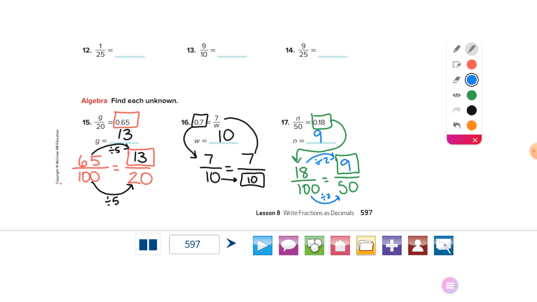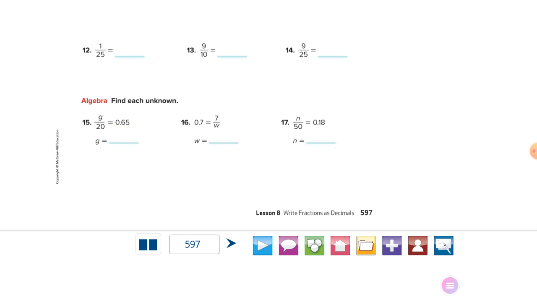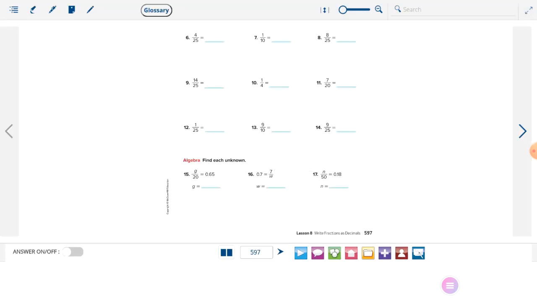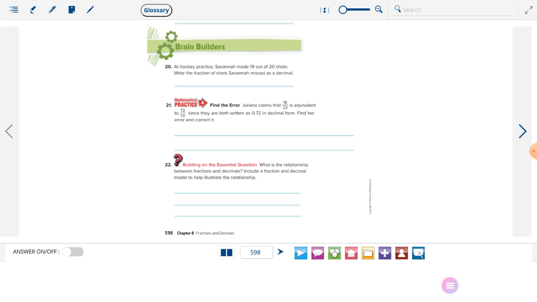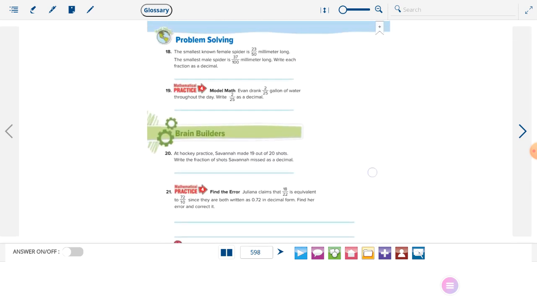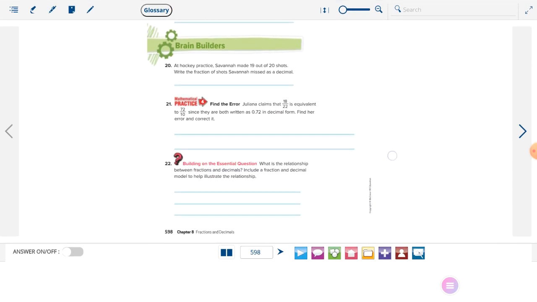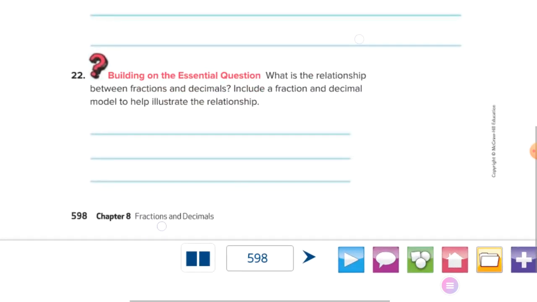Now I have one more example I want to show you. We're going to stay on this page. Let me look at the next page, see where we have space. Actually, let's go to the bottom of the next page. We're going to go down under number 22. I'm going to go down here under number 22 because you guys have quite a bit of space.